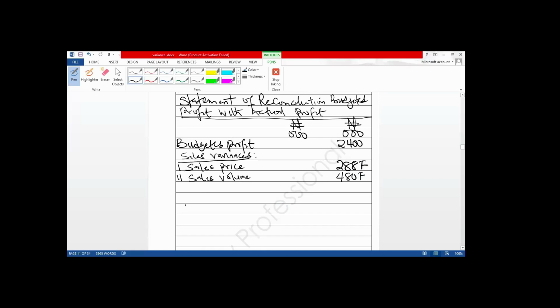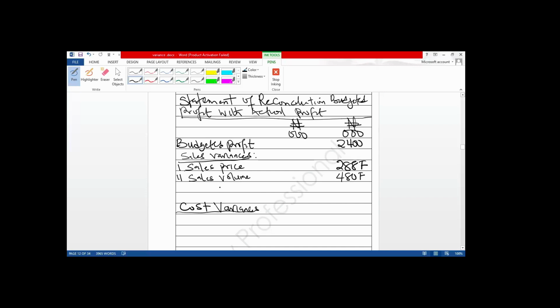We now come to cost variances. All the costs you are given: direct material cost, direct labor cost, variable overhead cost, fixed overhead cost. You are going to investigate them.